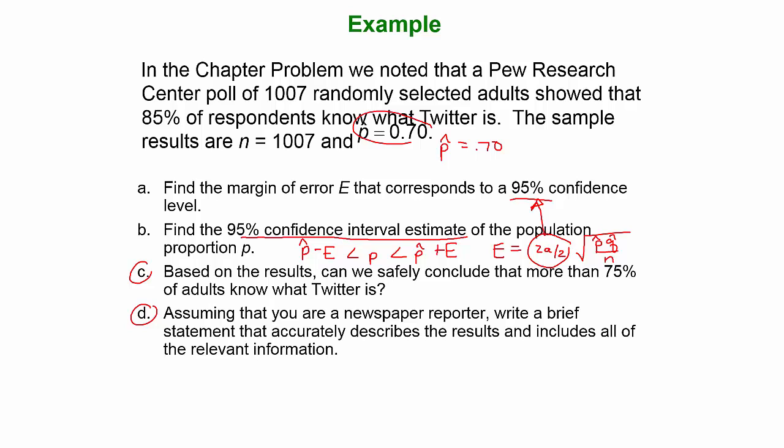If we look back at the problem, it tells us that the sample results are n equals 1007 and p hat is 0.70. So this right here is my p hat. So q hat is going to be 1 minus 0.70. It's the complement of p hat. So q hat would be 0.30. That's enough information to find the confidence interval.